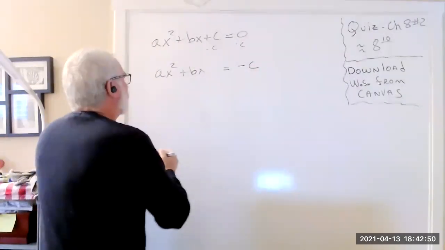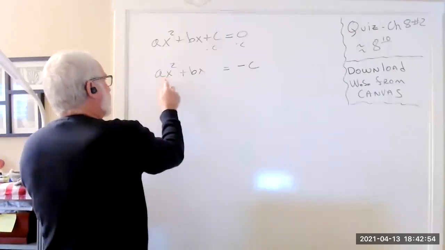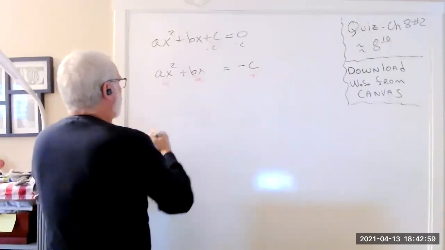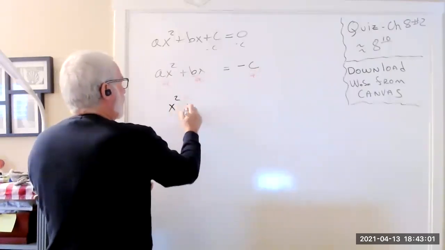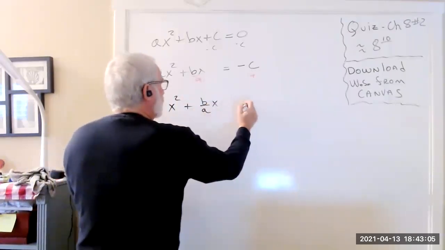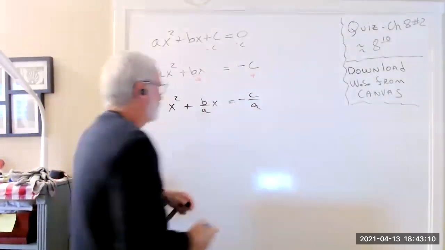Then I'm going to divide everybody by a. So I have x squared plus b over a x equals negative c over a.